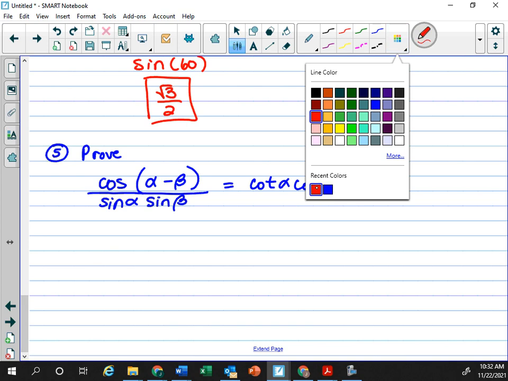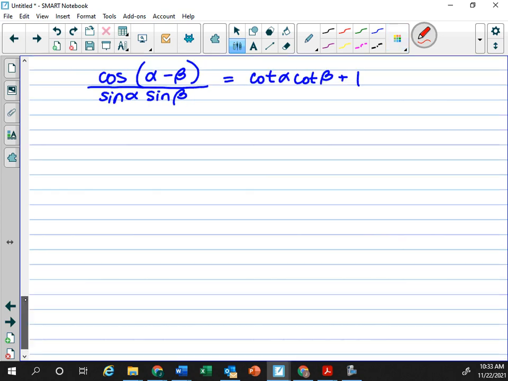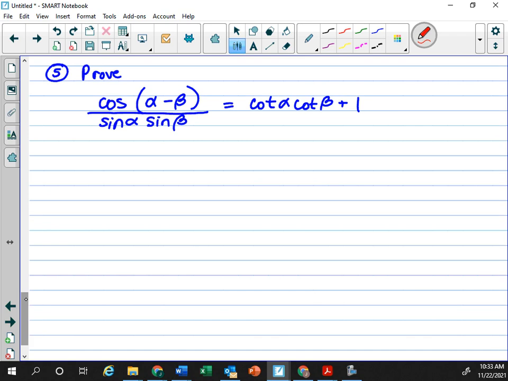All right. What side do we want to start on? Any thoughts? I would go left, because do you see that numerator, how that could be one of our formulas? Okay, so we're just going to expand that numerator on the left with the formula. So cosine of alpha minus beta, what is that going to become?